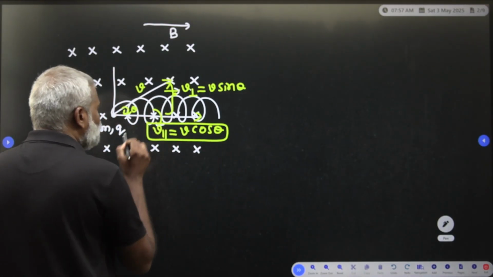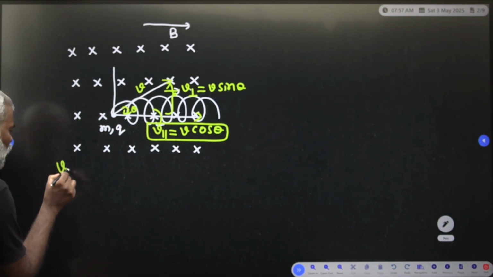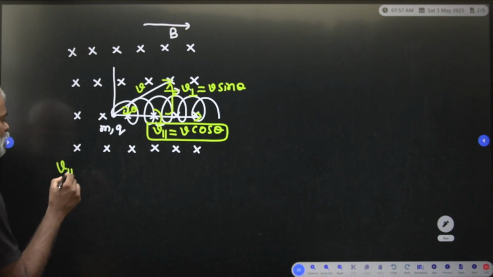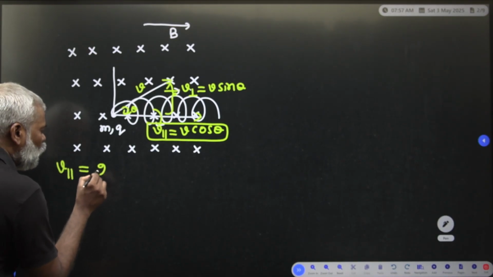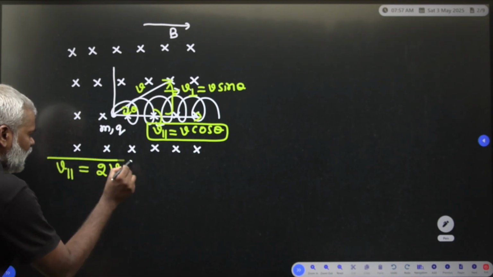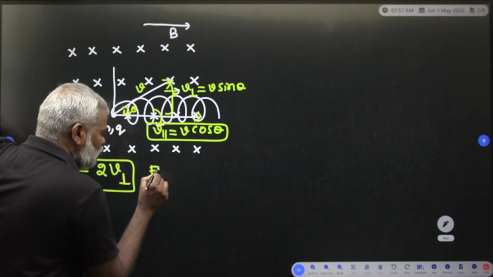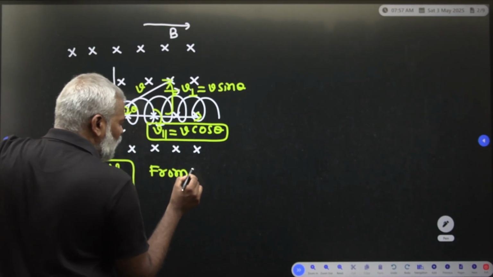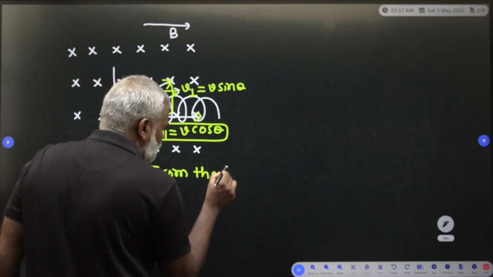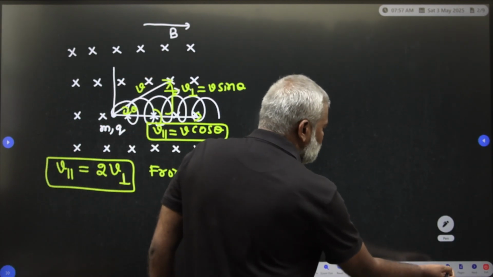According to our condition, v parallel, the initial velocity, is equal to twice the v perpendicular. This is the given data from the problem. What is the data of the problem?